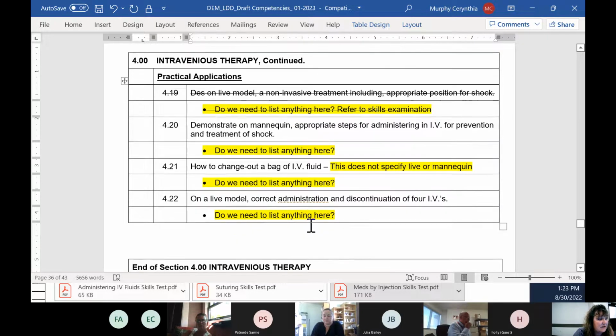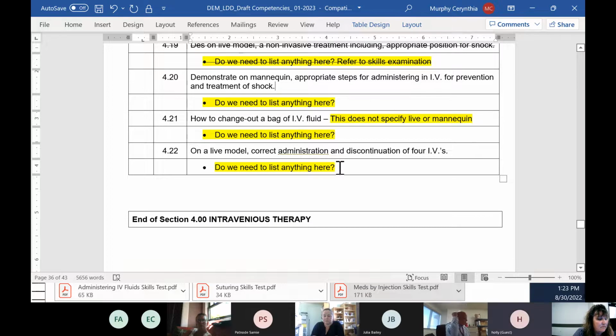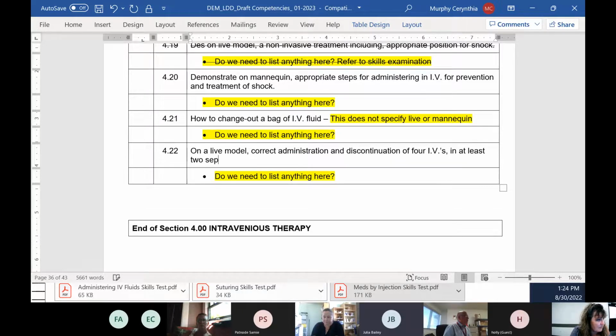Do I need to add something here? Do I need a 4.223? What I would do is, on 4.22, add a comma and include at least 2 separate sites, including a saline lock.